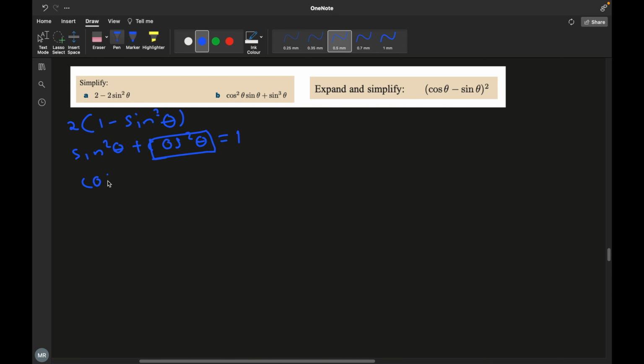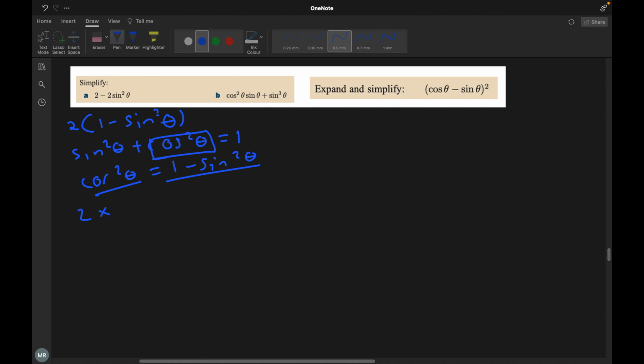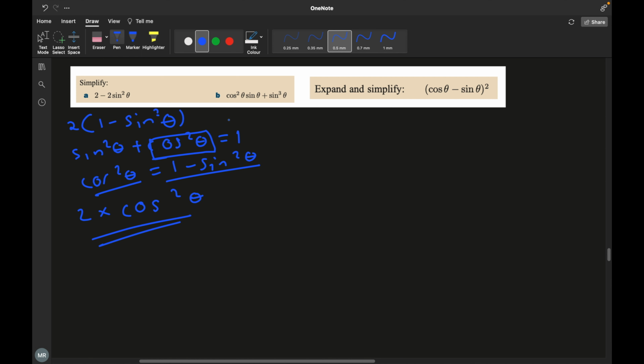Now let's write cos squared theta equals 1 minus sine squared theta. Now we can substitute this into this. So we get 2 into, that is going to be cos squared theta. So this is our final answer.